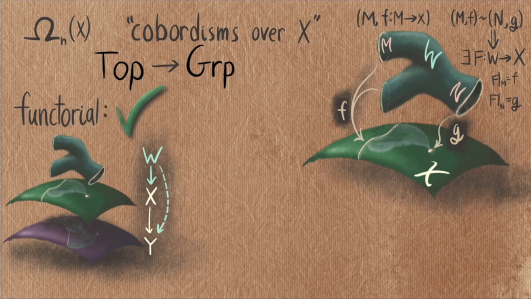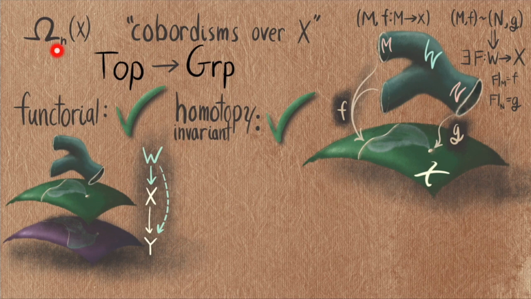Great. Secondly, it's actually a homotopy invariant of the base space X. So these two properties together combine to say that these cobordism groups over X are a good algebraic topology invariant. They tell us stuff about the space X. Now let's get a better sense of what these actually are.